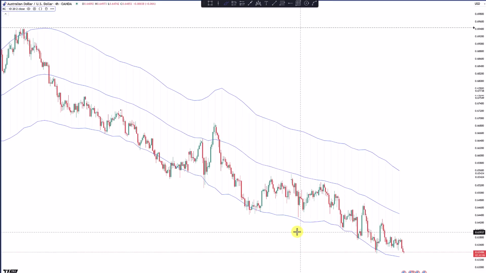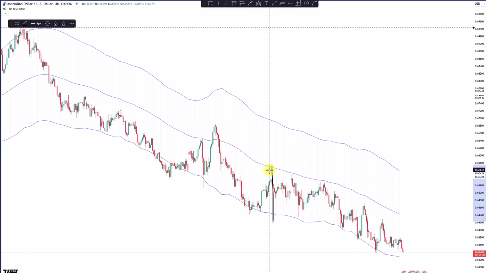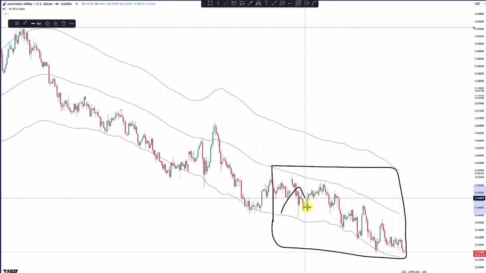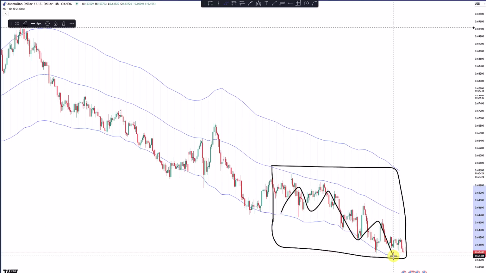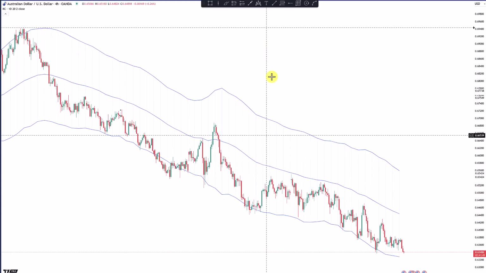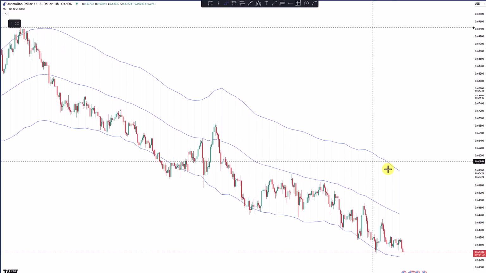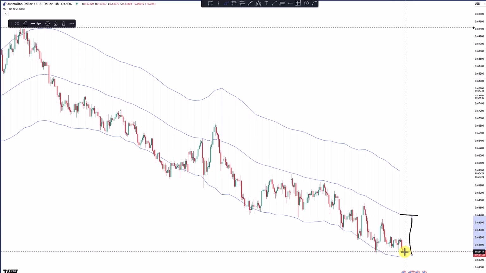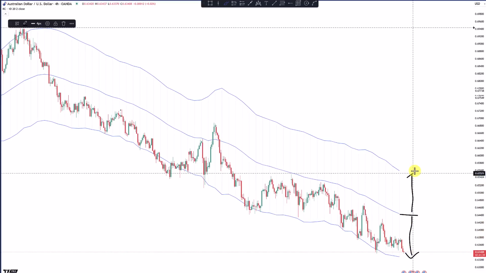So from today, roughly, probably somewhere around here. And then it looks in this period, how much has the price moved up and down? And then it calculates that average range. So assuming the price has moved 50 or let's say 100 points per day over the last 20 days, it then gives us this channel, which is then plotted 100 points to the downside and 100 points to the upside.